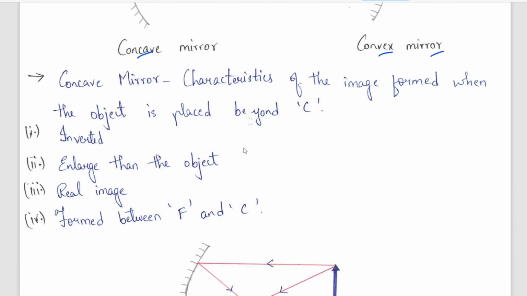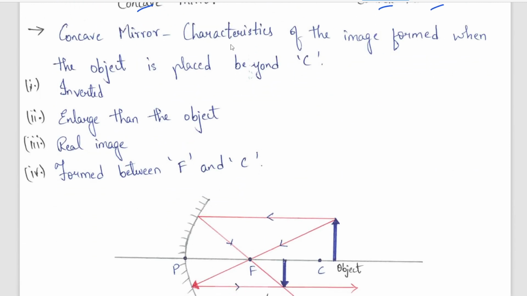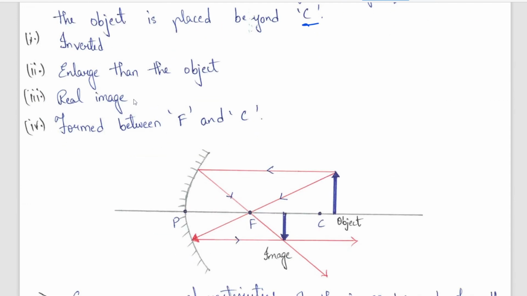Now let us quickly see the characteristics of the images by placing the object in different places using a concave mirror. Firstly we will observe the characteristics of the image formed when the object is placed beyond the center of curvature. As you can see in this figure, the object is placed beyond the center of curvature.